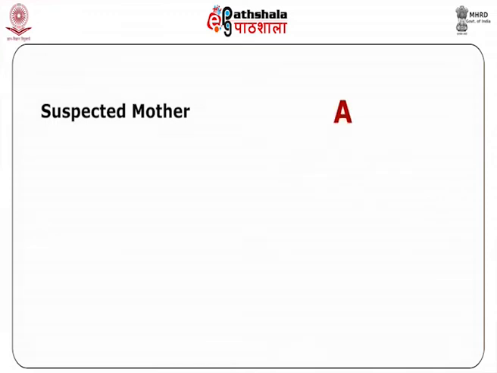Now, blood group of the suspected mother: A, homozygous, that is IA. Blood group of the suspected father: O, heterozygous, that is IO.